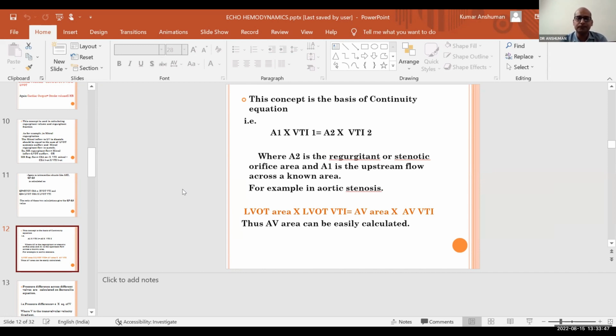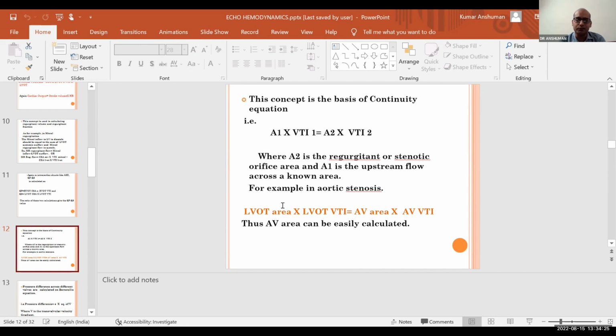Here A2 can be a regurgitant or stenotic orifice area, and A1 is the upstream flow like the LVOT. To understand this, take the example of aortic stenosis. In aortic stenosis, you apply this principle and get that LVOT area into LVOT VTI should be equal to aortic valve area into aortic valve VTI. With this concept, we can easily calculate the aortic valve area. So for the LVOT area, again the same concept, the cross-sectional area into VTI of the LVOT.